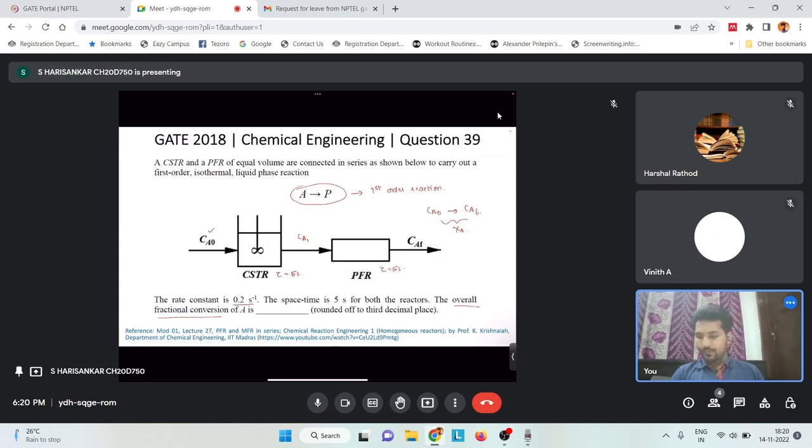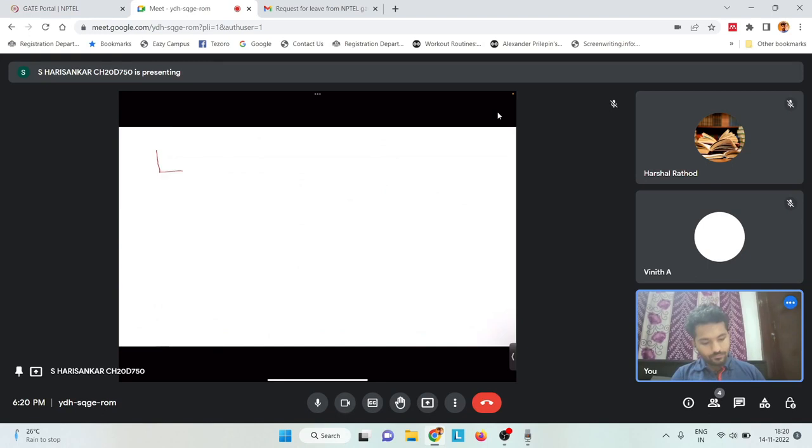So let us first take the CSTR system. We have a CSTR, and Ca0 is the initial concentration, tau is 5 seconds, and let Ca1 be the outlet concentration.